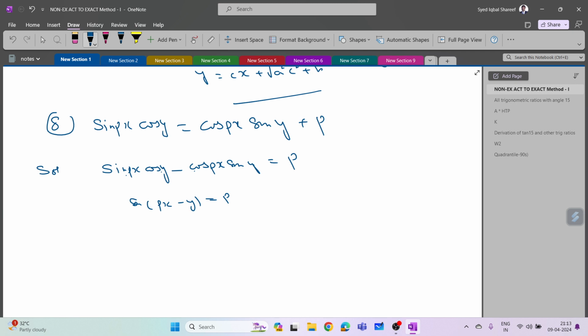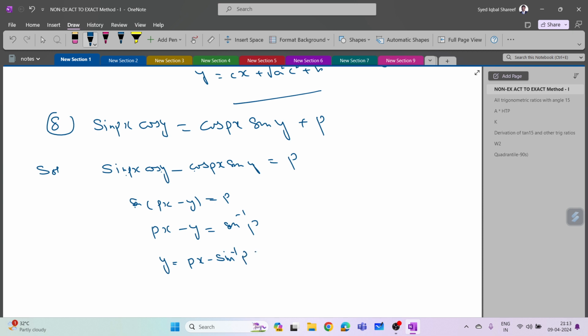What I am doing is a small thing here. This sin taking to this side, so px − y = sin⁻¹p, or y = px − sin⁻¹p.